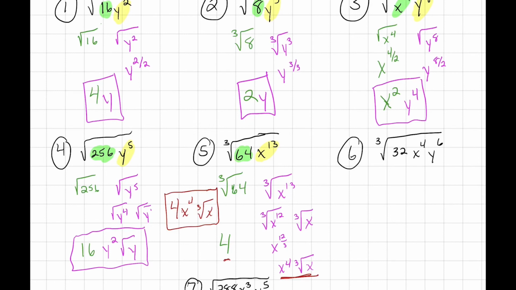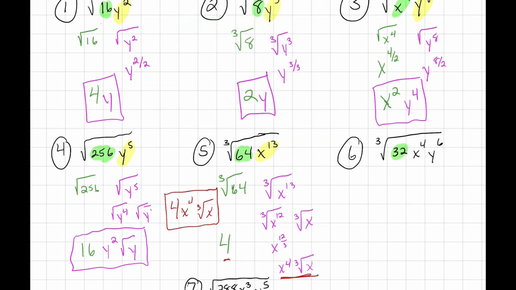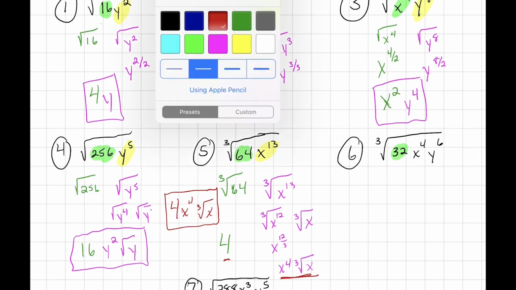All right, so now we're moving on into some other problems, and these last two might have a little bit more complication to them, but it's fine. Like I said, all we're going to do is smaller radical simplifications, and then we're going to be able to write our answers together. So the first thing here is I have 32, and I need to take the cubed root of 32.